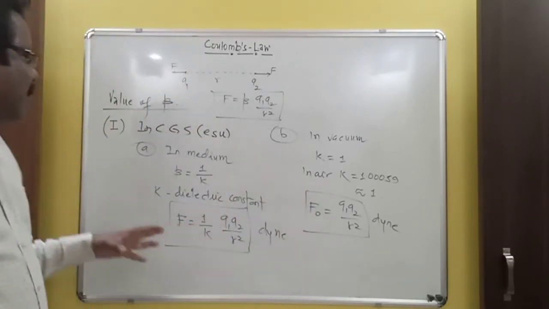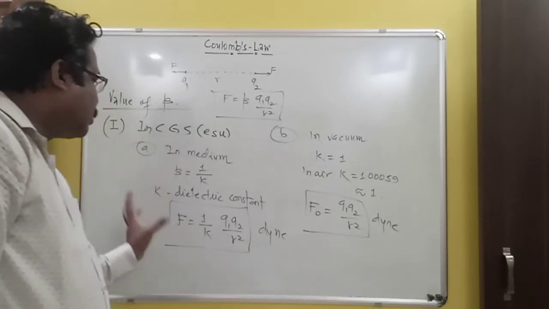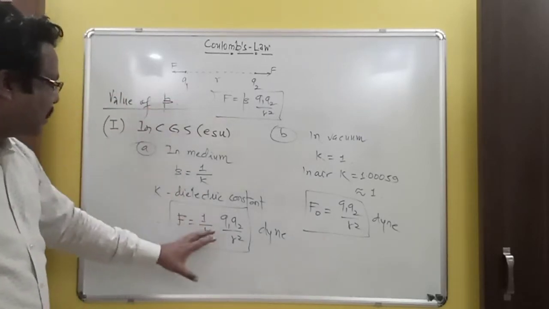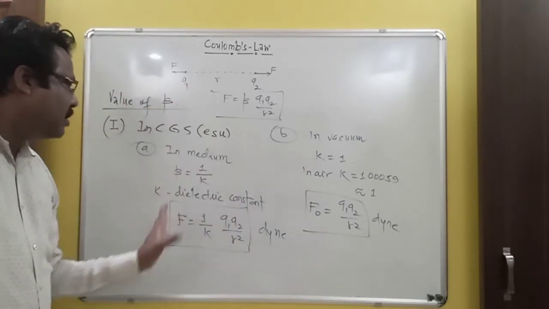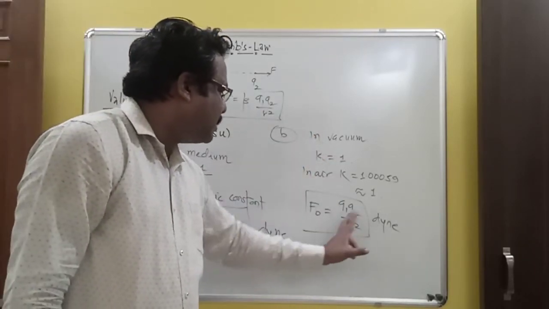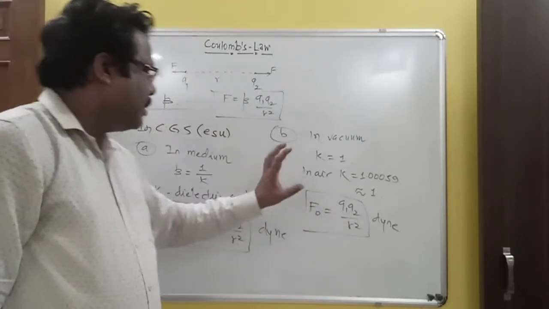So here we have two very special forms of Coulomb's law. In CGS system in medium it is 1 by K Q1 Q2 by R square dyne, and in CGS system in vacuum it is Q1 Q2 by R square dyne. Beta is 1. Constant of proportionality here is 1. Right?